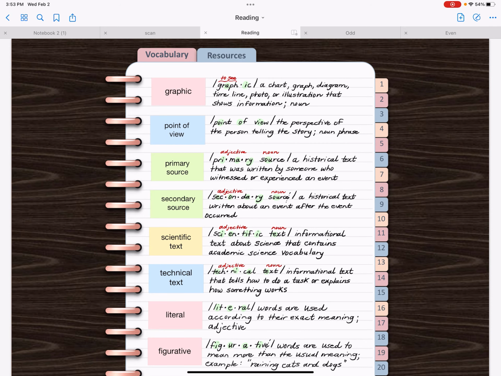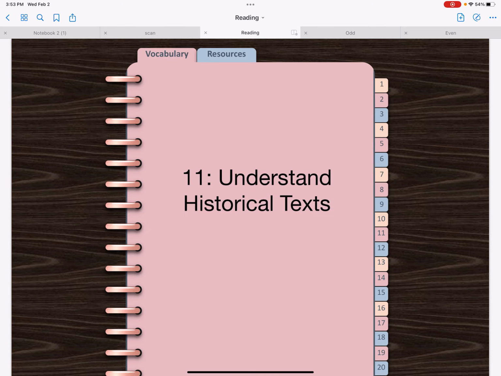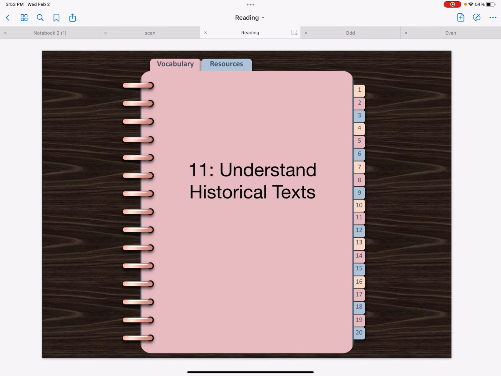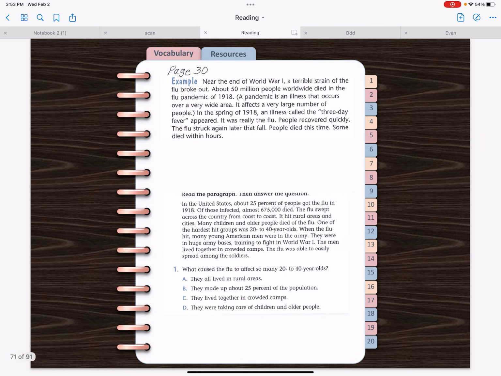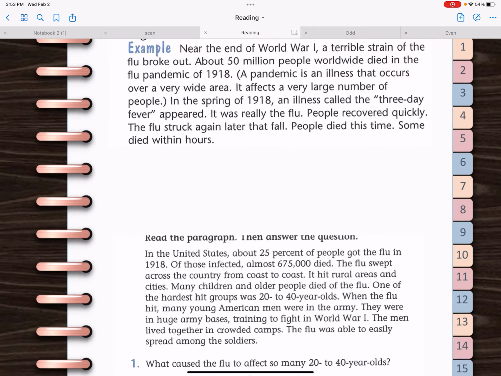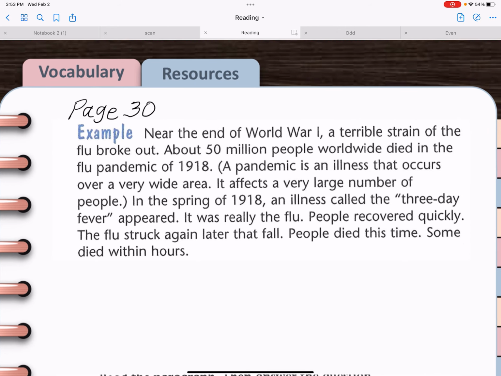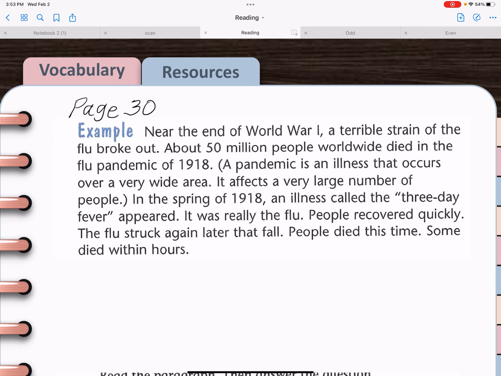So let's turn over to lesson 11. This is page 30 of the textbook. The first example is talking about a strain of flu, at the top of page 30, up there with the picture.